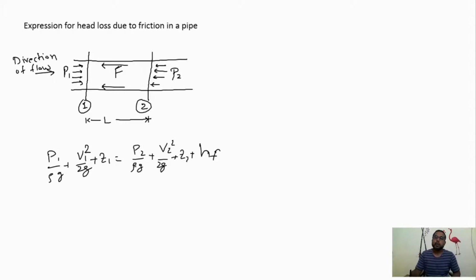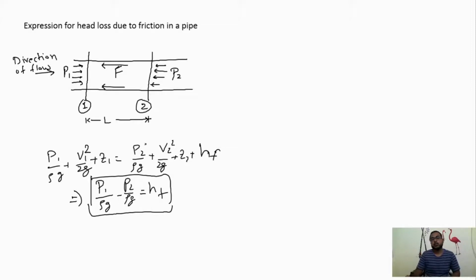Here the pipe is of uniform diameter, so the velocity will be constant throughout the length, and the pipe is placed horizontally, so the Z value will be the same for sections 1 and 2. So we get the expression P1 upon rho g minus P2 upon rho g is equal to hf. This is the loss of head between these two sections.